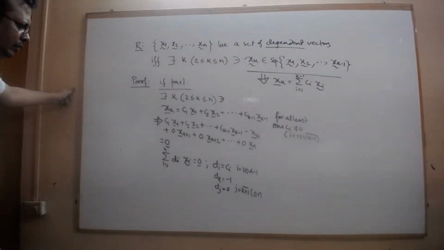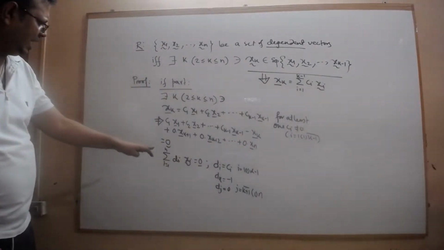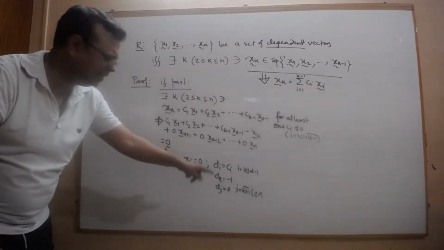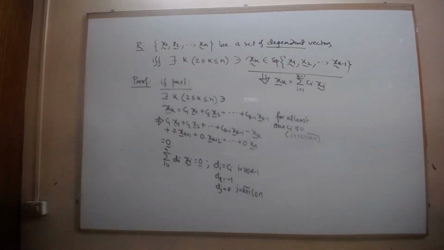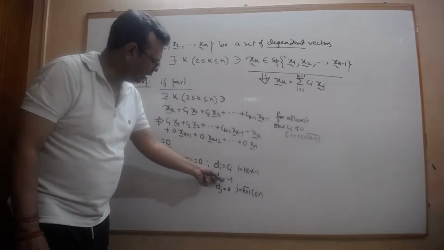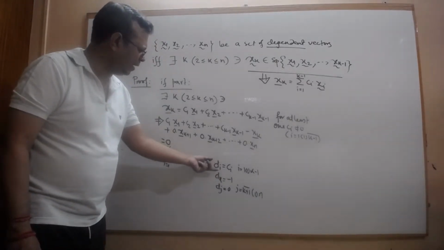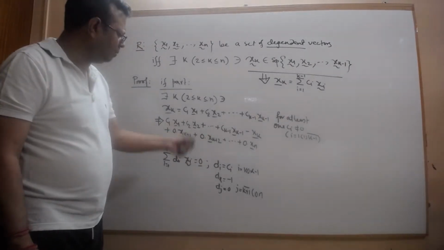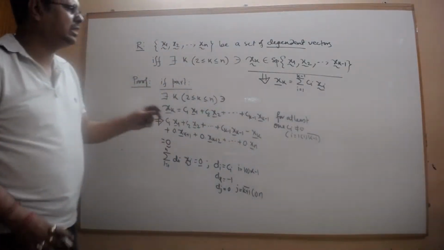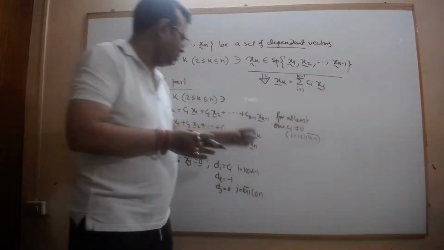So then we see that there exists at least one di not equal to 0, because dk is already minus 1. This means there exists at least one dk not equal to 0. Even from d1 to dk minus 1, some di's are non-zero, because we assumed that at least one ci between c1 to ck minus 1 is non-zero.